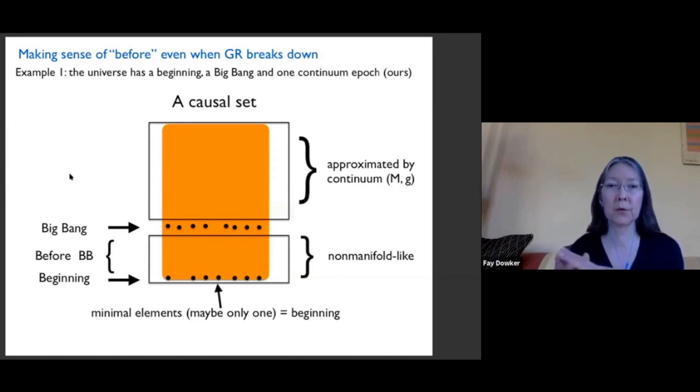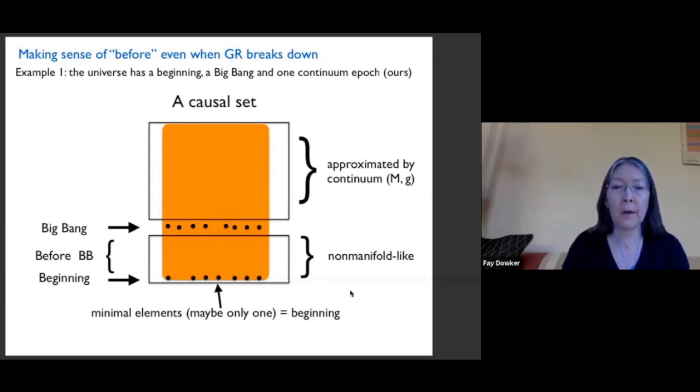This is an example of a causal set in which the universe has a beginning, there's a big bang, and one continuum epoch, let's say our approximately FRW spacetime. So the causal set is represented by this orange blob here. It's Hasse diagram-like in the sense that the past is down at the bottom and the future is up at the top.